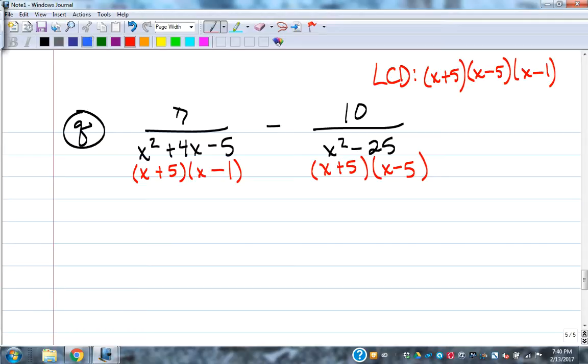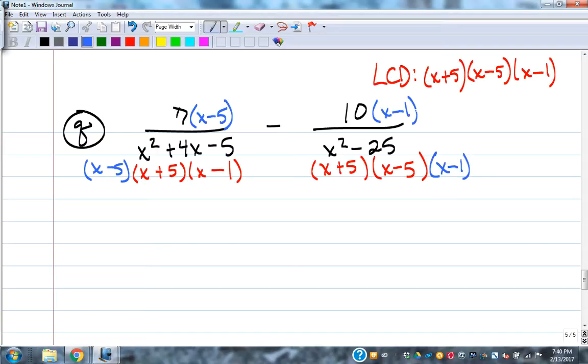So then you look at it and say, what's the first one missing from the LCD? x minus 5. So it needs an x minus 5 on top and bottom. What's the second one missing? x minus 1.